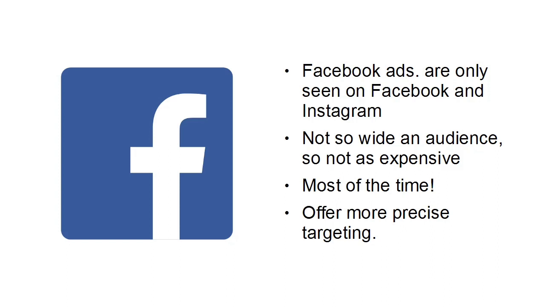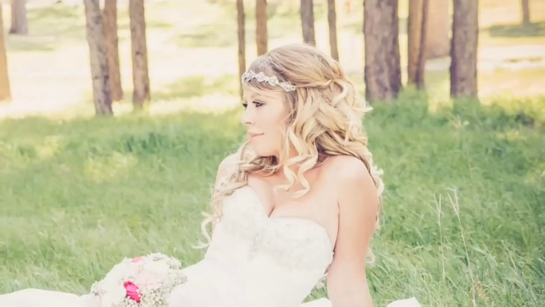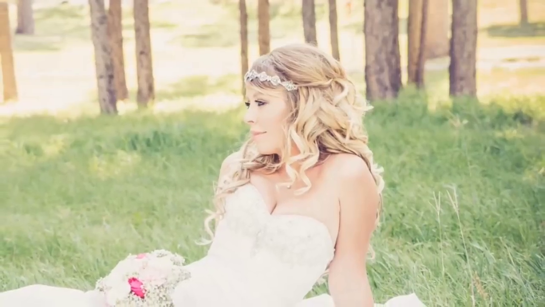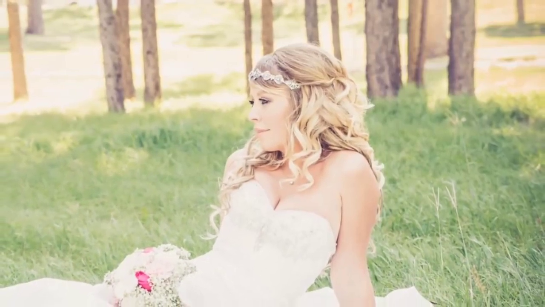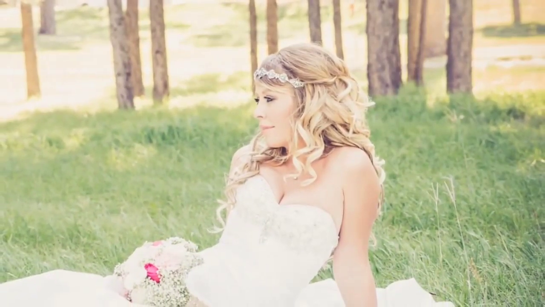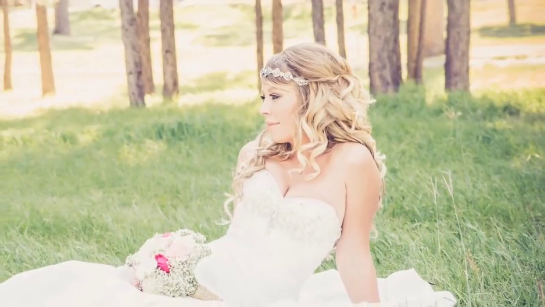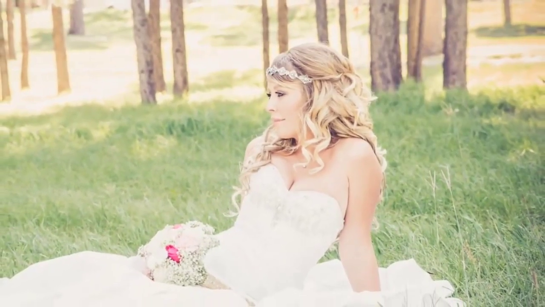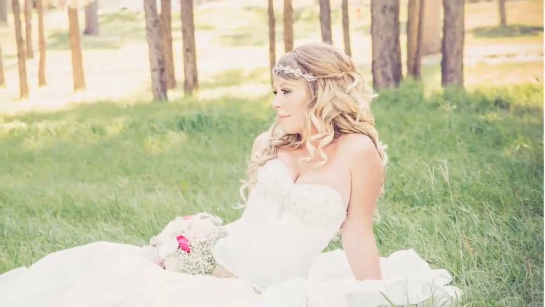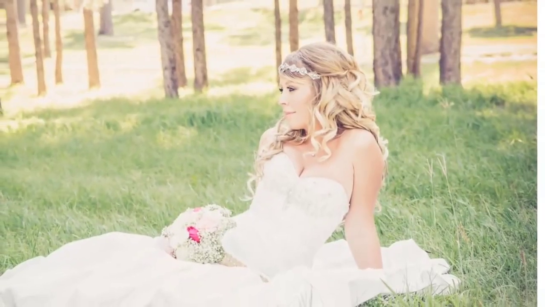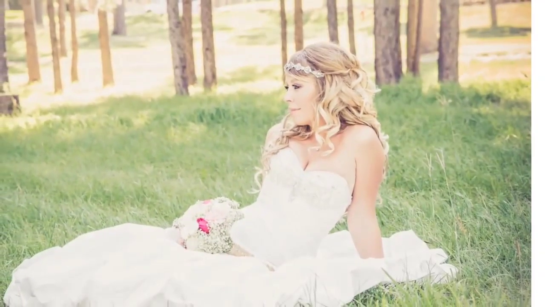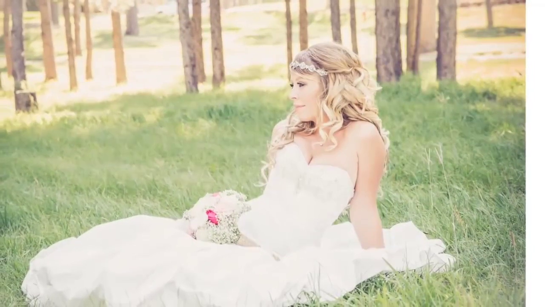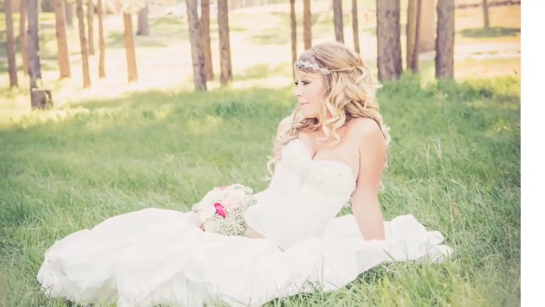Now, let me give you an example of how this works. Let's say, for example, you have a store selling wedding dresses. You can set it up so that only women who list their status as being engaged and live within a certain distance of your bricks and mortar store are going to see that ad. Nobody else will.